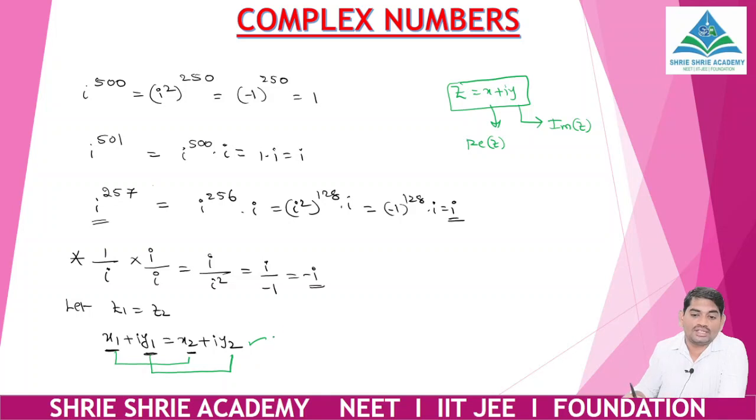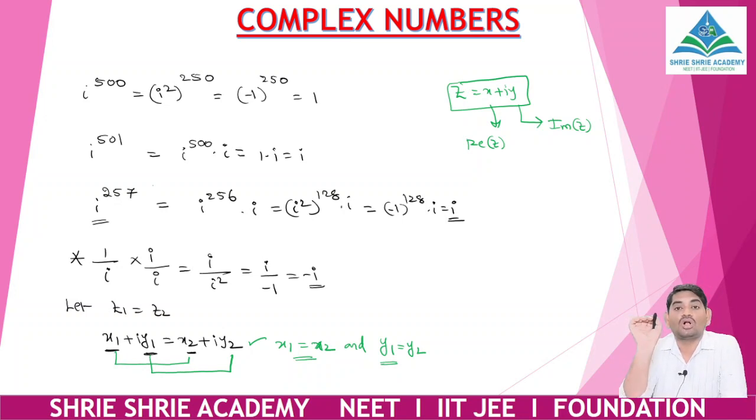This is called the equality principle of complex numbers. On the left side the real part is x1 and on the right side it is x2, so x1 is equal to x2. Similarly, the left side imaginary part is y1 and the right side is y2, so y1 is equal to y2. This is called the equality principle of complex numbers.